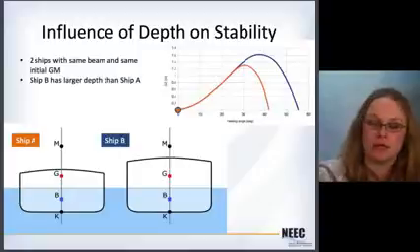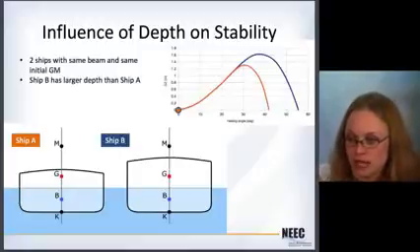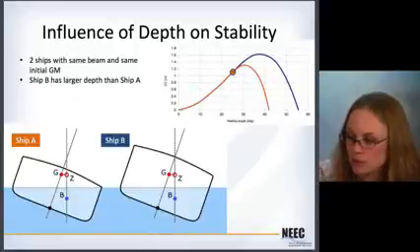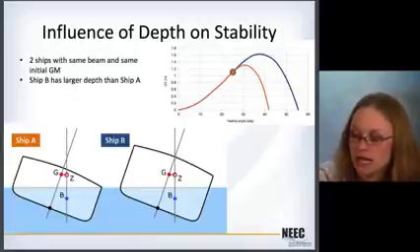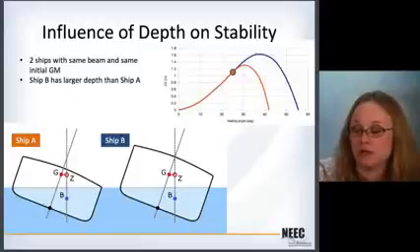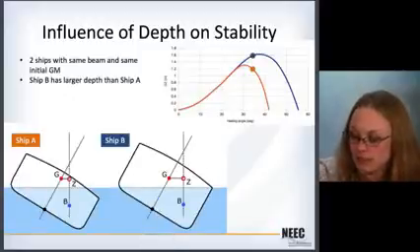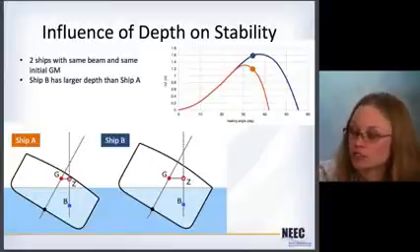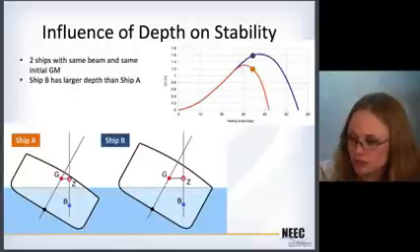They have the same beam and the same initial GM, but ship B has a larger depth than ship A does. Okay, so we take them and tip them over a bit, right? Up until this point, they're behaving exactly the same. You can see their GZ curves are exactly the same. But now ship A, you can see its deck is about to be immersed in the water, and so its GZ curve is now going to take a dive because of the seriously changing underwater volume, whereas ship B keeps going along, so it has a higher GZ curve through there.